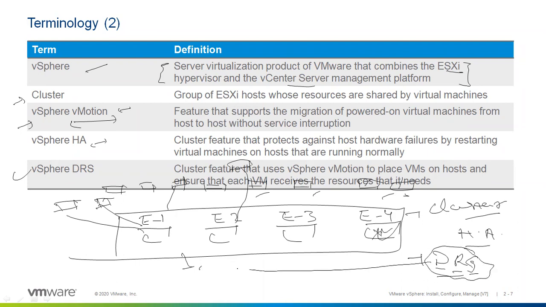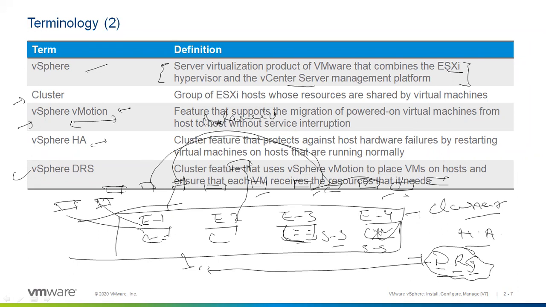What this DRS feature normally does is check which host has how many servers running. Suppose this one has 5 in this case. It will automatically move some of the virtual servers from this host to another host where sufficient resources are available. When we say sufficient resources, it means they have enough available CPU, memory, and storage as compared to this one. It will do automatic balancing.